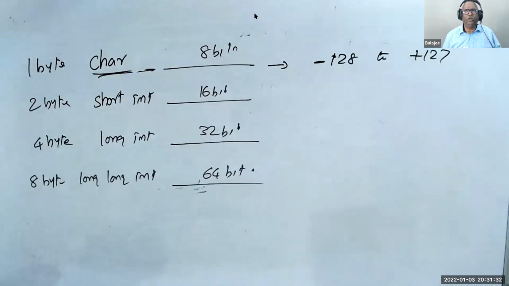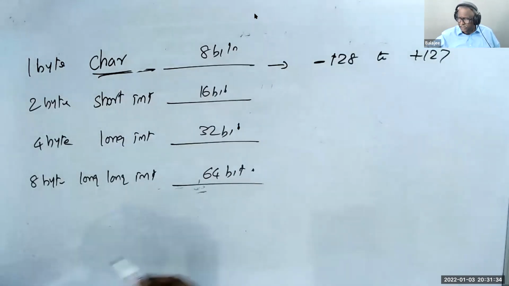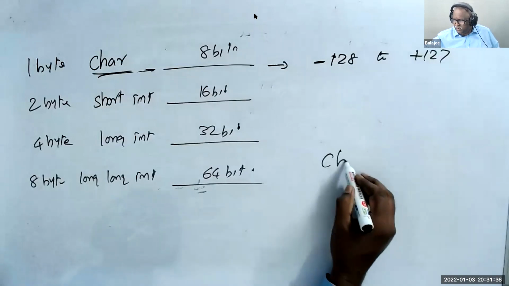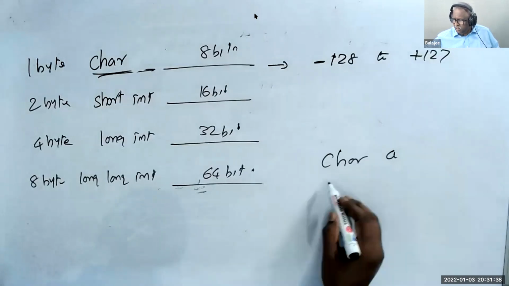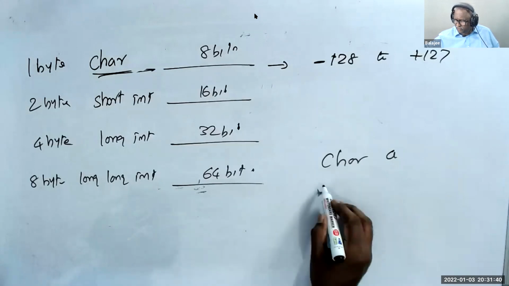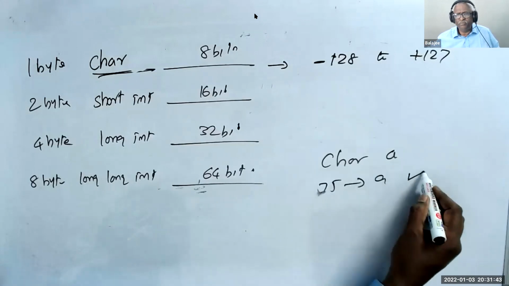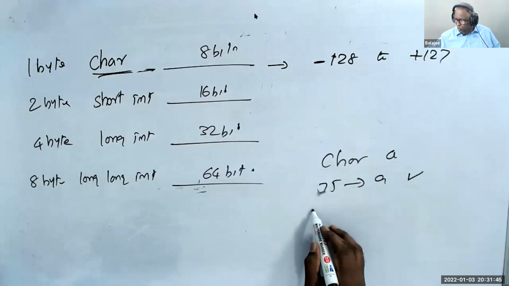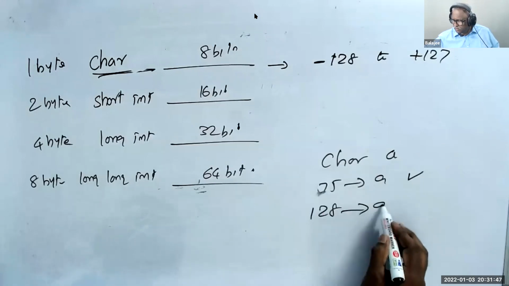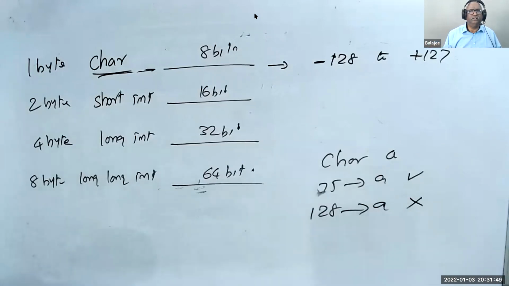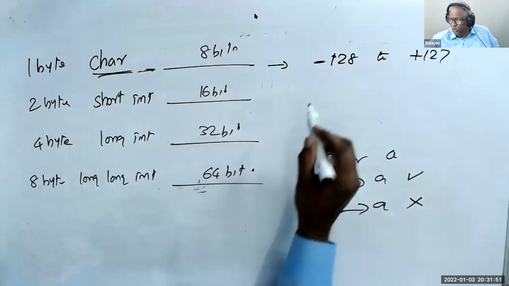That means you cannot say char A equals 128. Char A equals 75 is fine, but 128 to A does not work, because it's wrong.